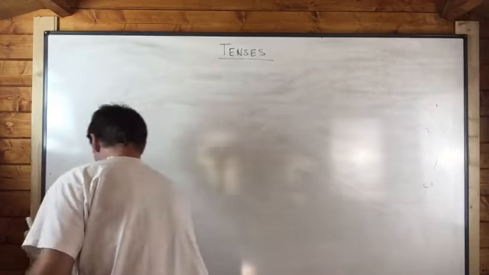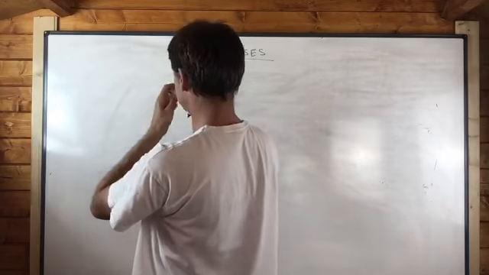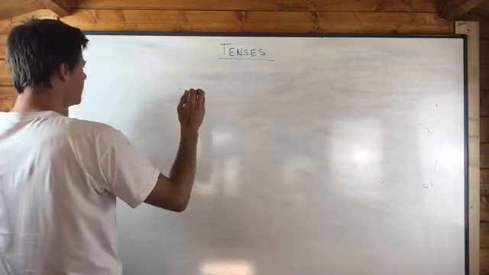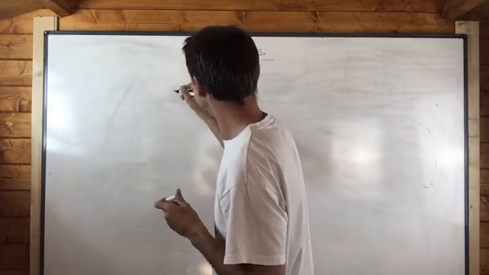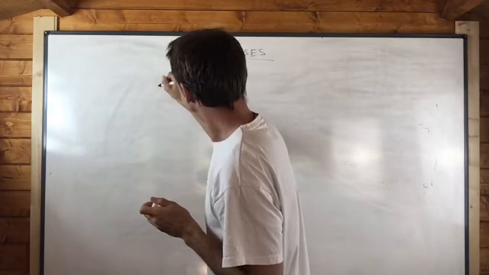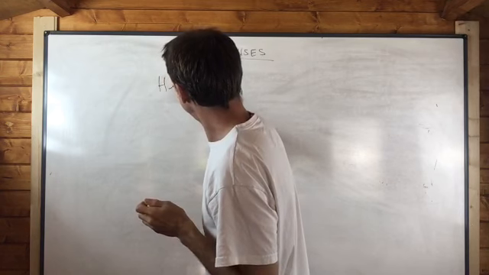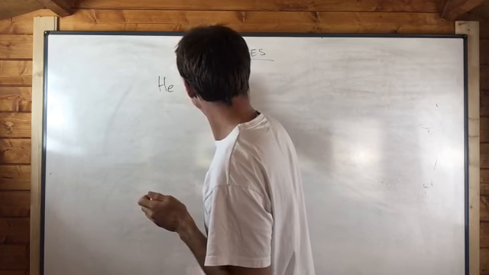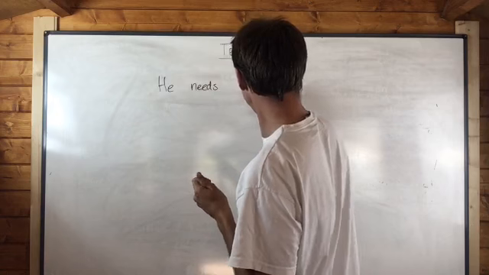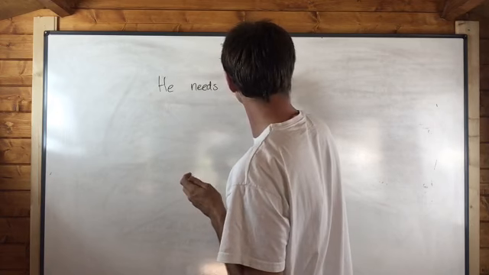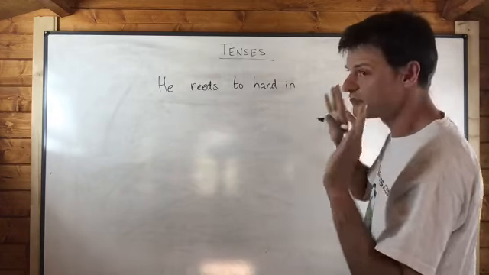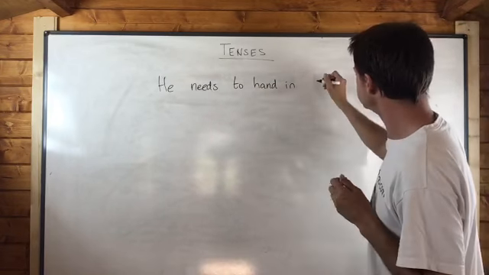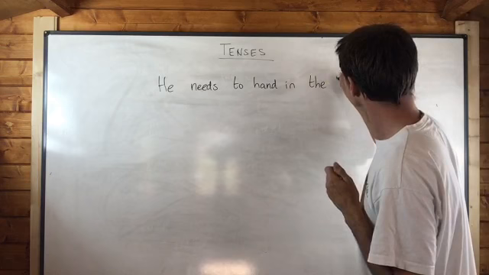I can't remember exactly what sentence it was, but if you say something like, he needs to hand in the homework he has done. This is a different sentence than what Nina gave me, but I'm keeping the principle the same.